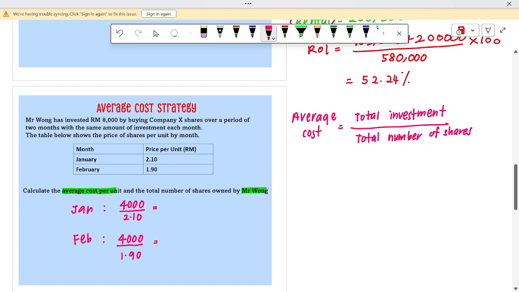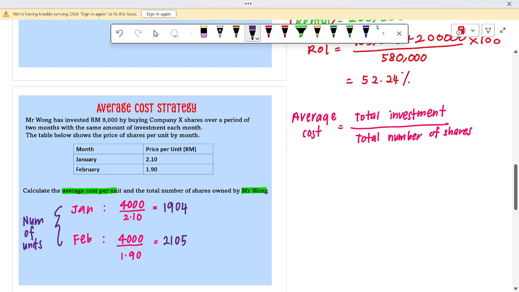So when you're calculating this answer, you're calculating the number of units. So when you are dividing, do not round off your answer as we are calculating number of units. So here you will get 1904. The next one we will get 2105. So this is to calculate the number of units of shares that you have.